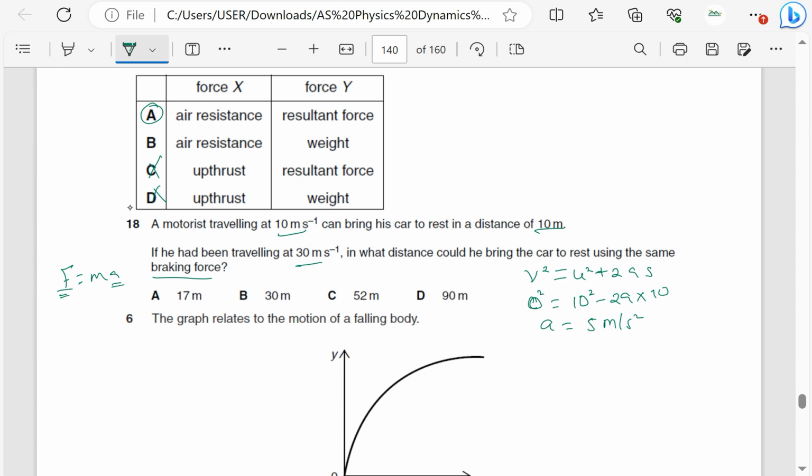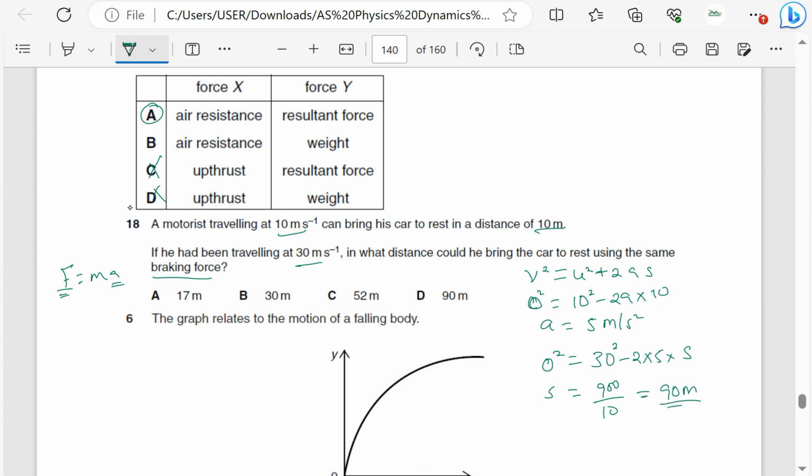So using the same equation again, 0 squared is equal to 30 squared minus 2 times 5 times the distance s. So s is going to be 900 divided by 10, which gives us 90 meters.